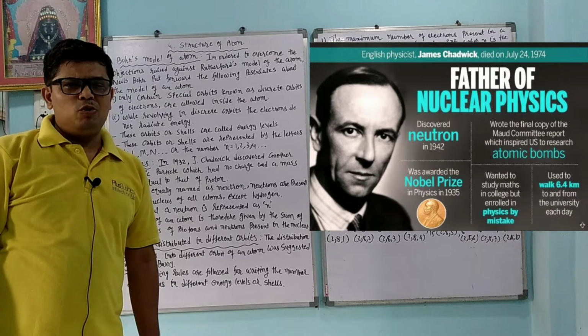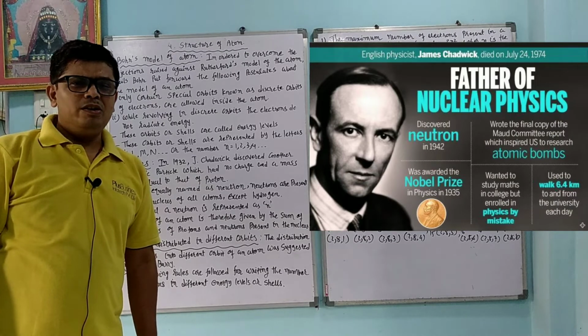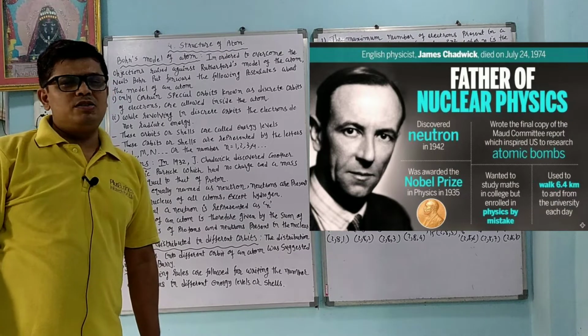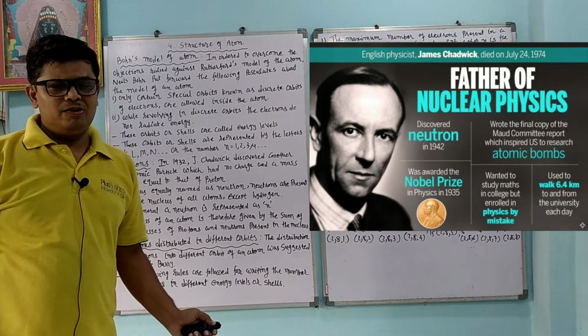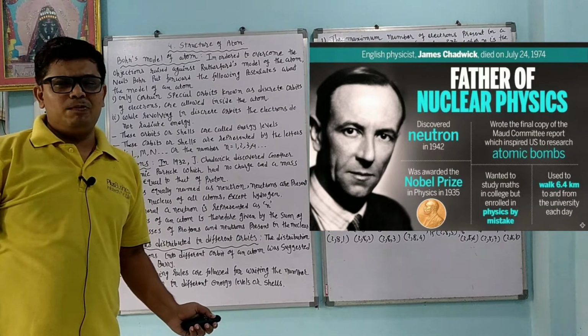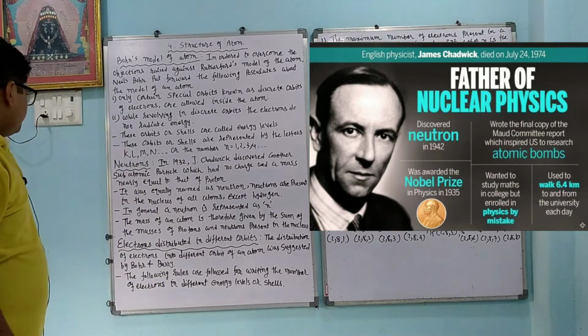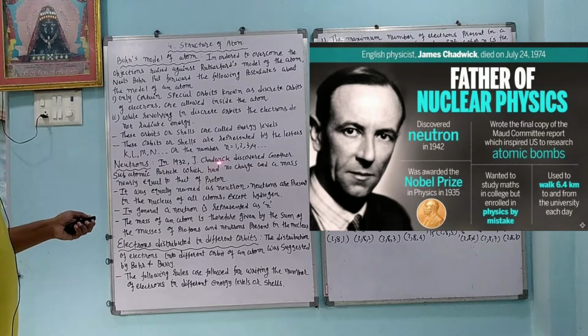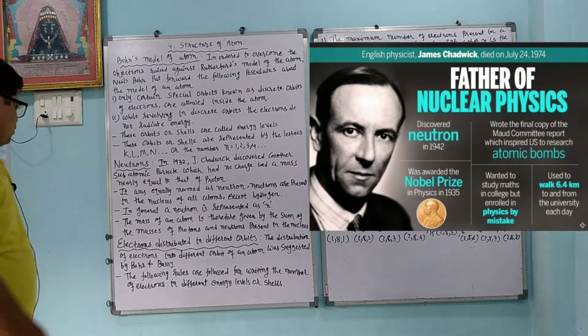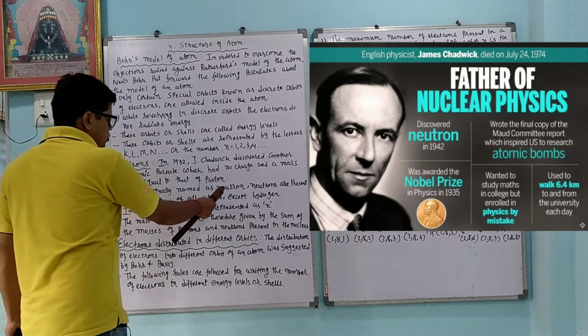Repulsion is possible between two protons. So why does the repulsion not occur? Because the neutron acts as a cementing agent, it holds the two protons together. Okay, and because of that the repulsion does not occur. It was discovered by James Chadwick in 1932 and was named neutron.